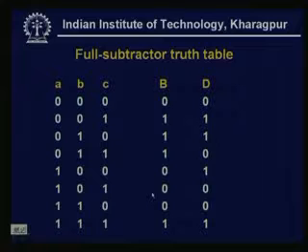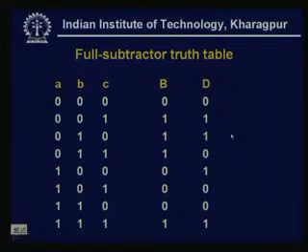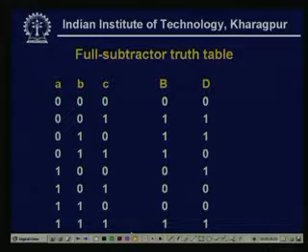Now, for the input output relationship, here also there are 2 outputs, one is the borrow output and one is the difference. As the borrow is considered, this carry should actually be my borrow B, because A and B are the 2 operands we have taken, so we write C as the borrow.